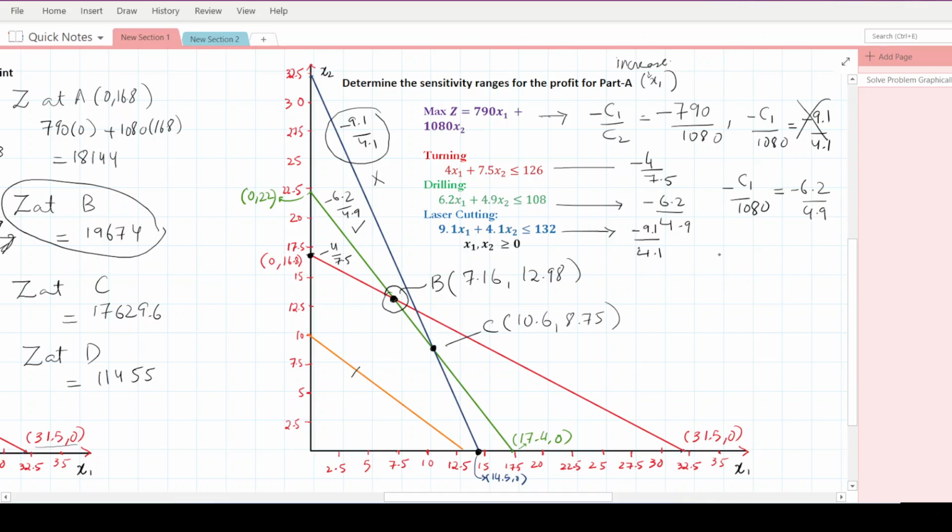So we can solve for c1, and c1 will be somewhere around 1366.5. So this is the maximum value of c1.